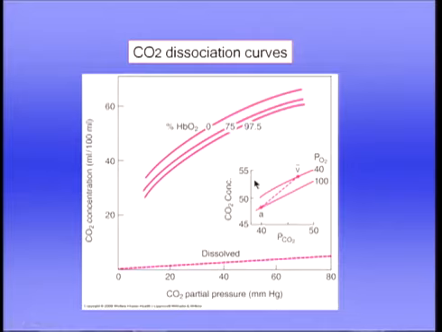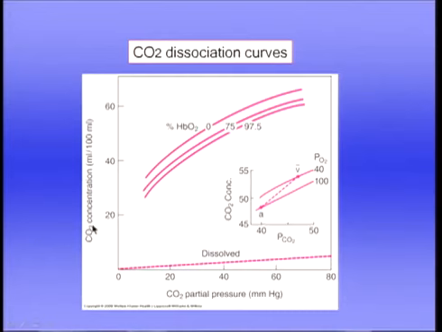I should say that that's a rather loose way of talking. We use that term, of course, by analogy with the oxygen dissociation curve. Here we're looking at the relationship between carbon dioxide concentration in the blood and the CO2 partial pressure. But purists will probably say you shouldn't really call it a dissociation curve, but we will, because it's the simplest way of describing it.